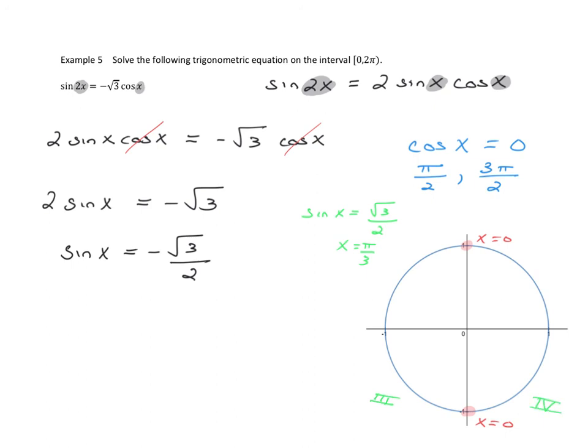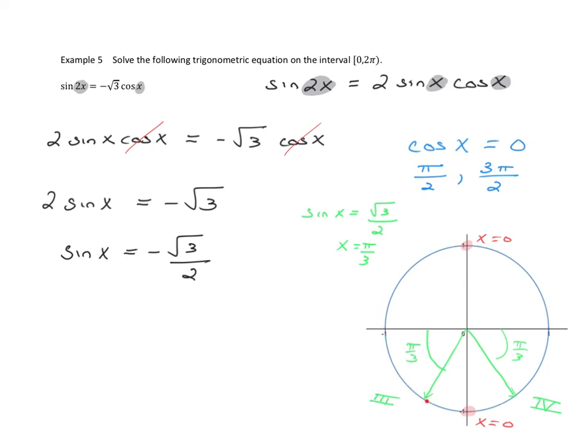So we want to choose two angles that have pi over 3 as a reference angle. There is one here because this is pi over 3, and there's one here because this is pi over 3. So the question is, well, what angle is this and what angle is this? This is 3 pi over 3, right? If you go pi radians, you've gone 3 pi over 3.